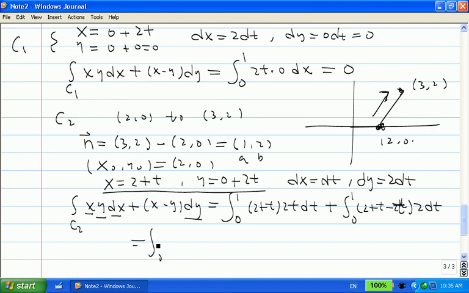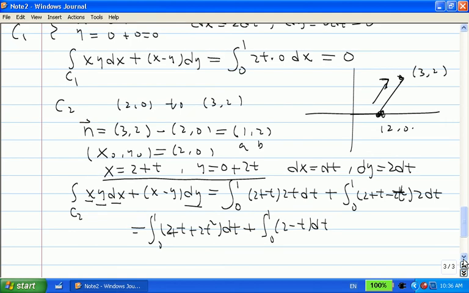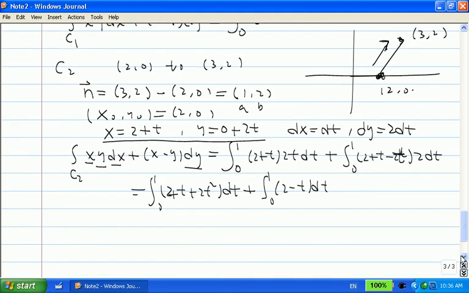Now you know how to integrate here, right? This gives you the integral of 4t plus 2t squared dt, then plus the integral from 0 to 1 of 2t minus 2t, which gives you minus t dt. You can integrate that. You find your line integral along the second line segment.